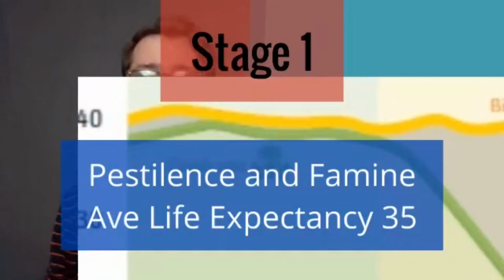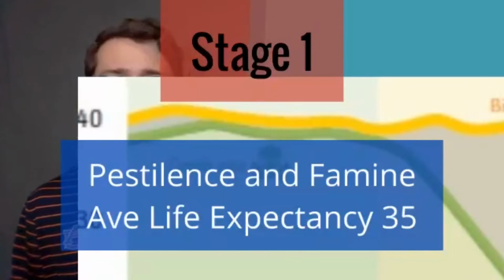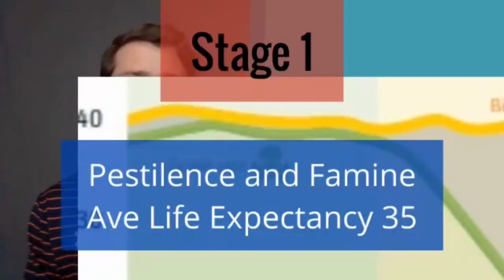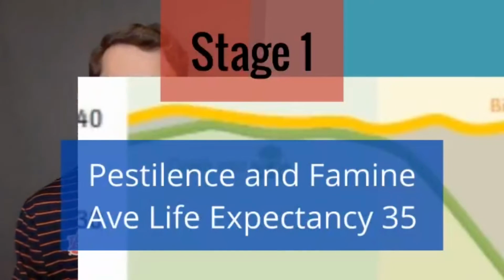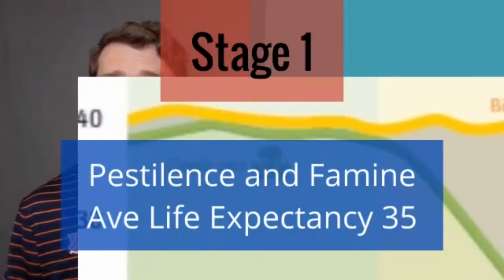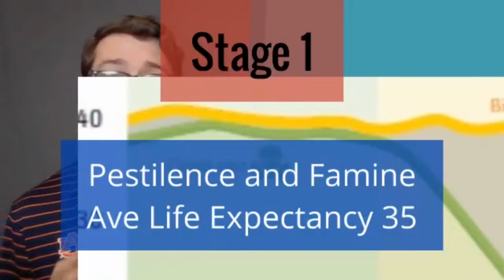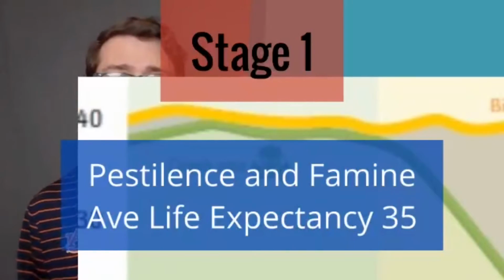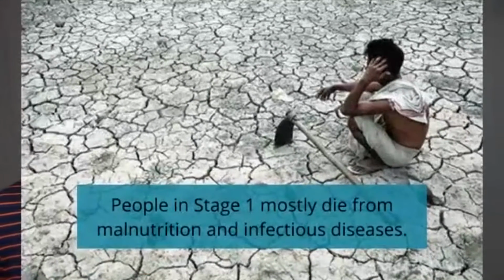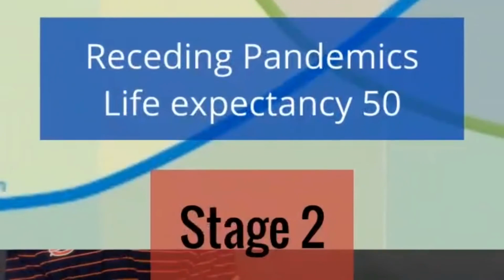So in stage 1 of the epidemiological transition model, it shows that stage 1 countries are most likely to die from pestilence or famine. So that's extremely infectious diseases that can be cured easily with modern medicine. It's also people starving to death, so not having enough nutrition. And the average life expectancy of those countries is only 35. So again, we said people in stage 1 most likely die from malnutrition or infectious diseases.